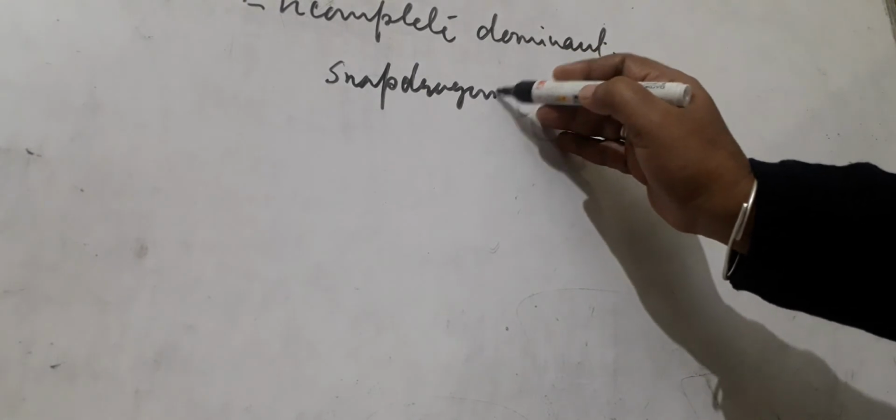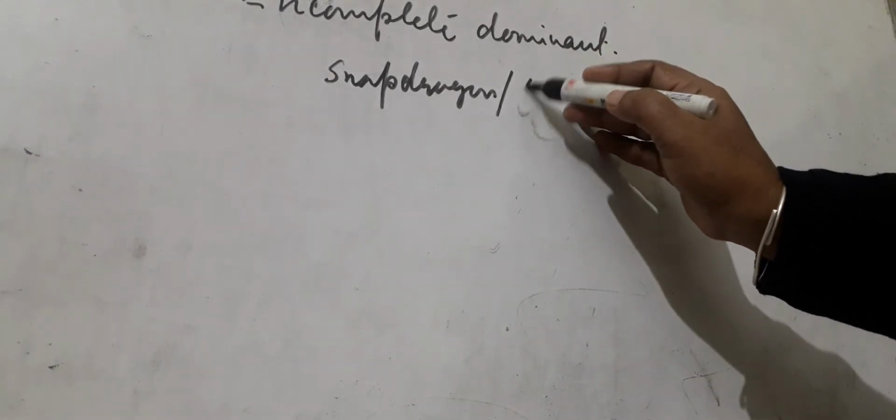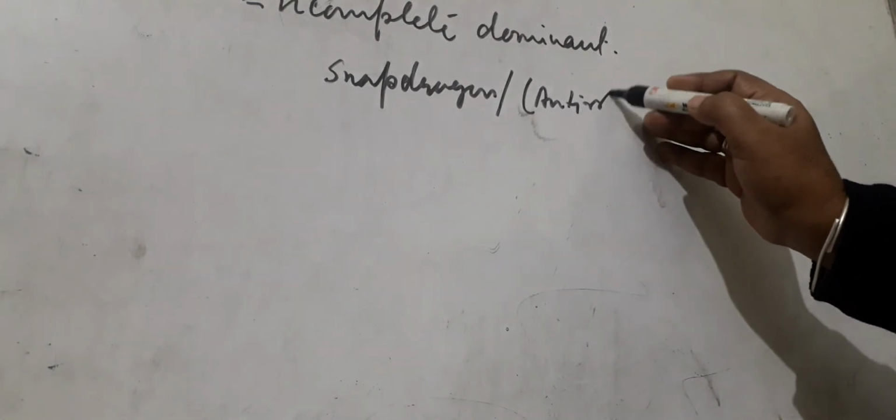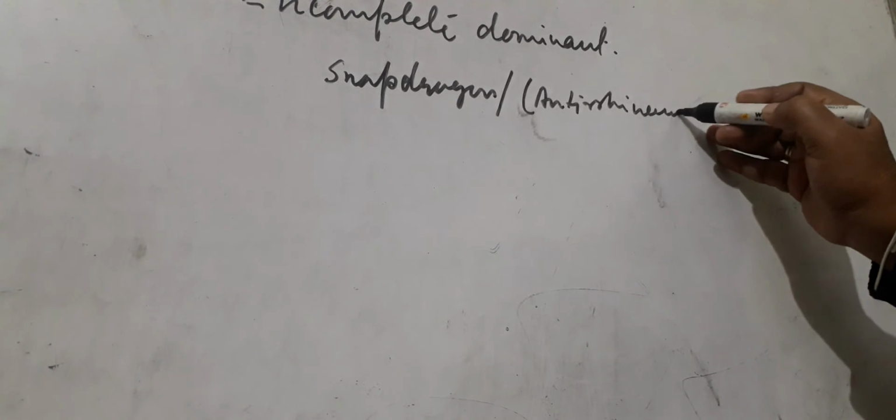For example, snapdragon, a plant, dragon or dog flower, whose scientific name is Antirrhinum. They bear pink flowers in the F1 generation. In the F2 generation, they segregate.